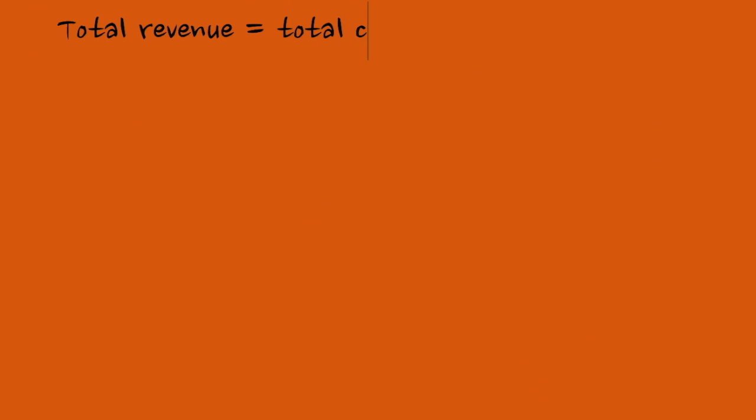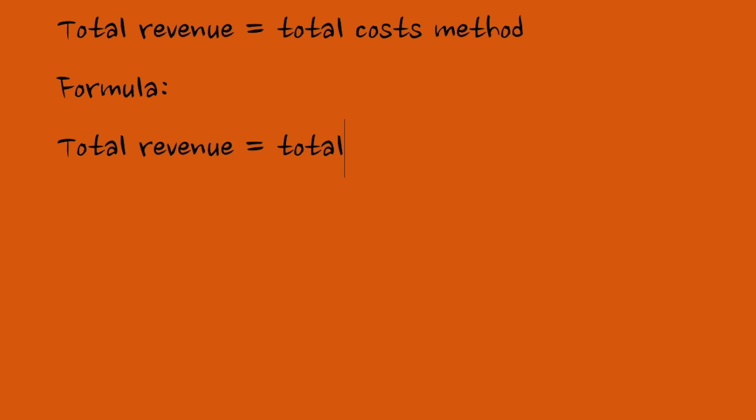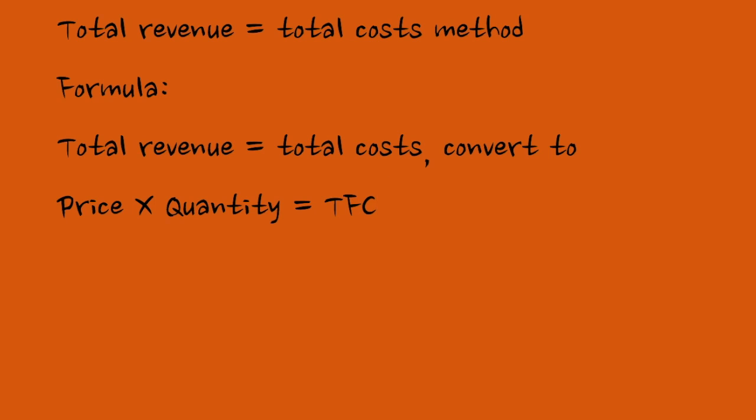The total revenue equals total costs method logically uses the formula of total revenue equals total costs. However, it is necessary to convert it to price times quantity equals TFC plus TVC and substitute quantity for x.